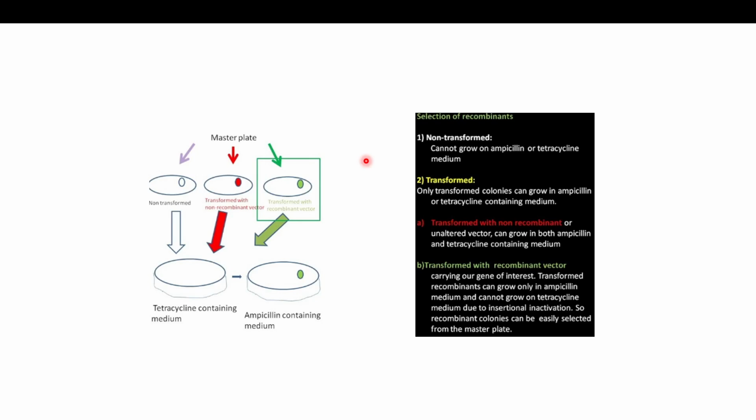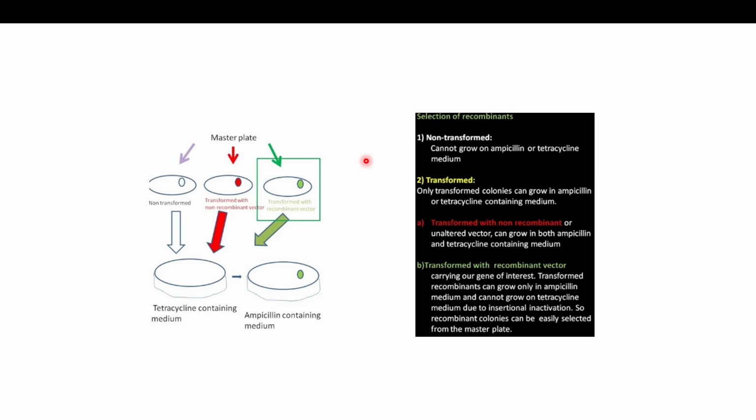Then the bacterial colonies growing on the ampicillin medium, as in medium containing ampicillin, will be only those cells that have taken up that particular pBR322 plasmid. But the cells that have taken up the plasmid can also grow on tetracycline medium.